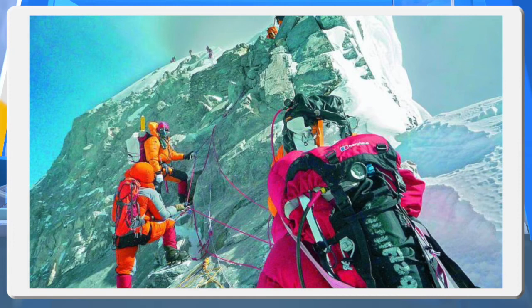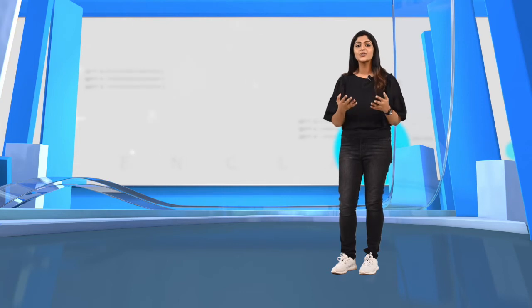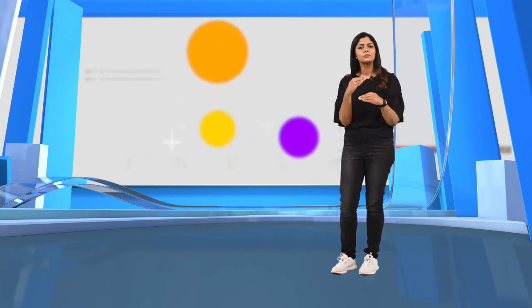This is why mountaineers carry oxygen cylinders with them. As your altitude decreases, density and pressure increase. You are under more pressure the lower you go. I hope you have now understood that altitude and atmospheric pressure are inversely proportional.